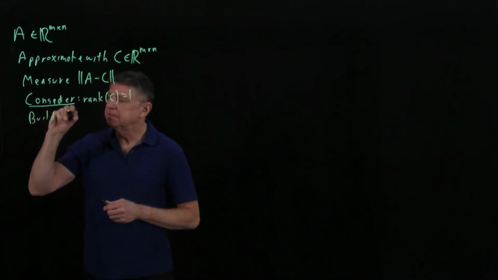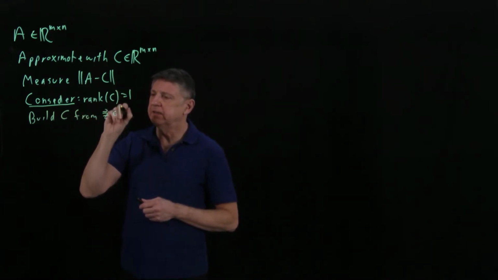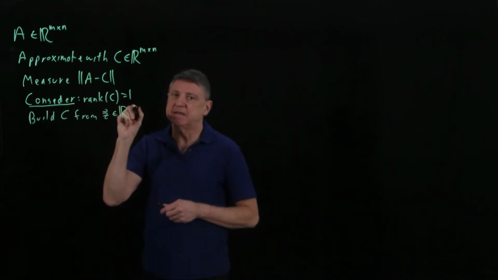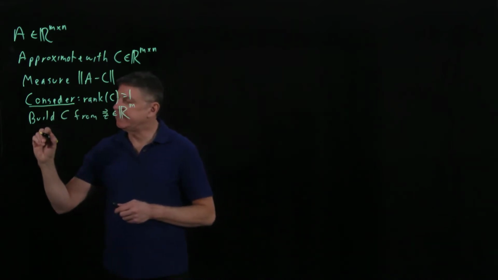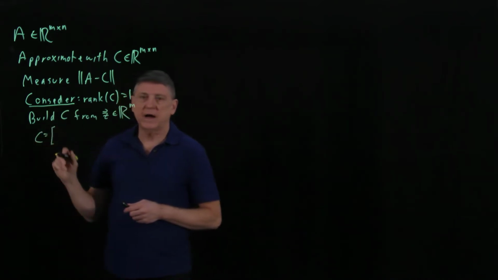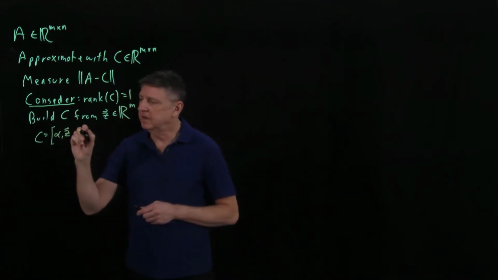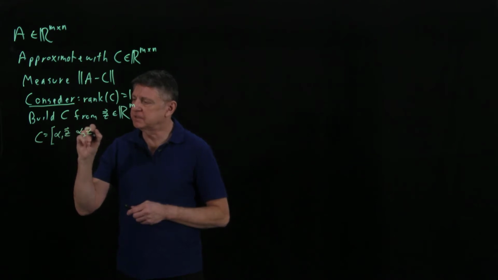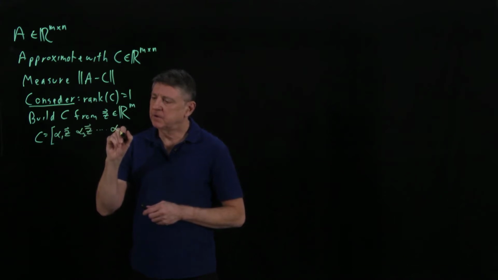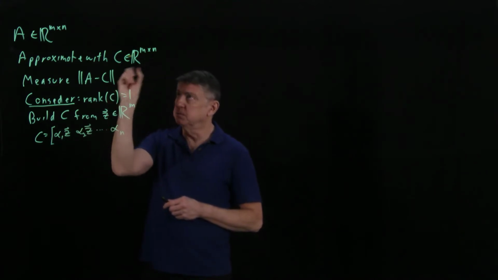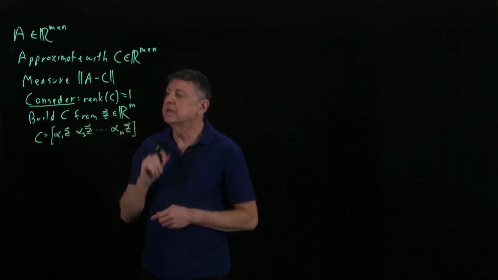So build C, and we could use some matrix Z that has all real entries and that has m entries. And so we could say C equals some alpha 1 times this construction vector, alpha 2 times this construction vector, and so on until I have all of the columns represented, and each one of these columns is the same vector.